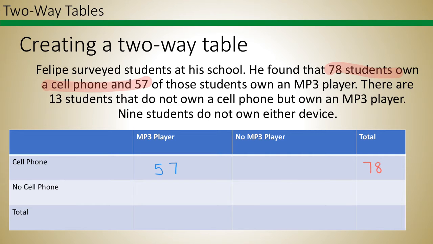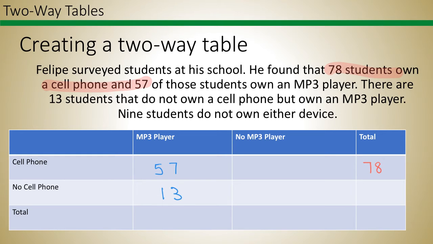And the next thing, it says there are 13 students that do not own a cell phone, but own an MP3 player. Okay, so these students own an MP3 player, but these students do not have a cell phone. So that would be 13 would go right there.